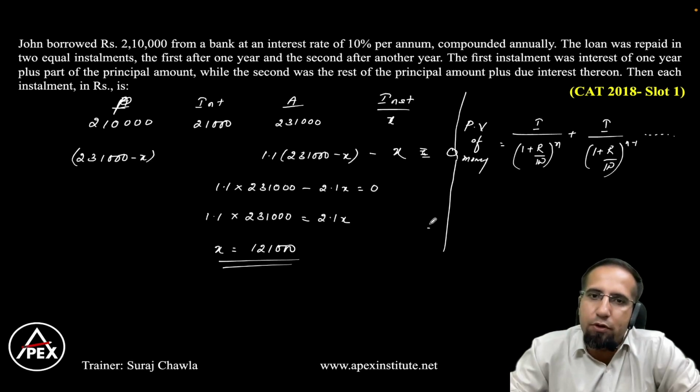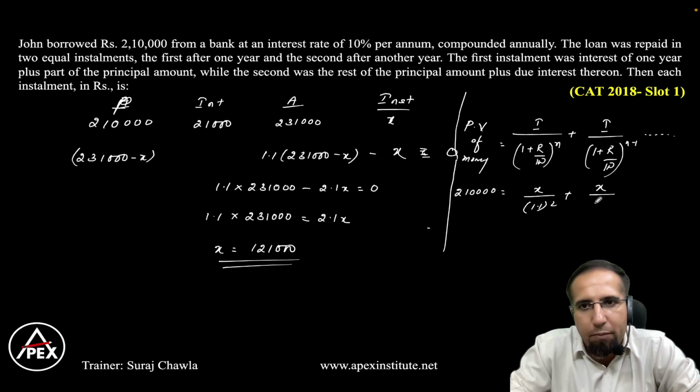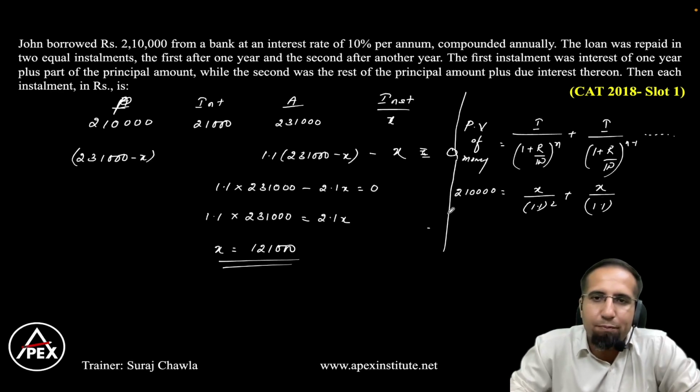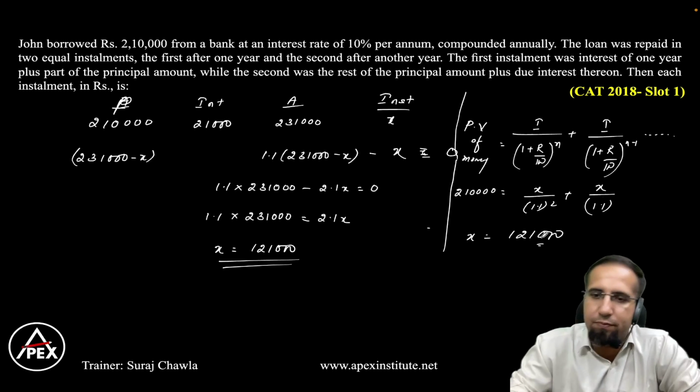So in this case we could have also written 2,10,000 is equal to x divided by 1.1 whole square plus again x divided by 1.1. So if you simplify this, even here you get the value of x as 1,21,000.